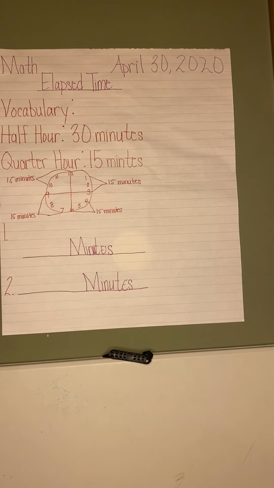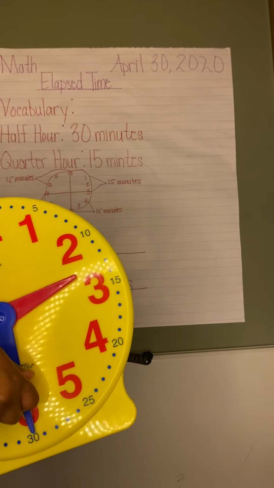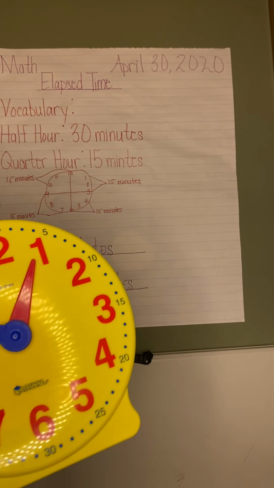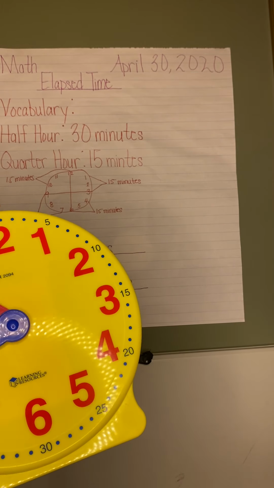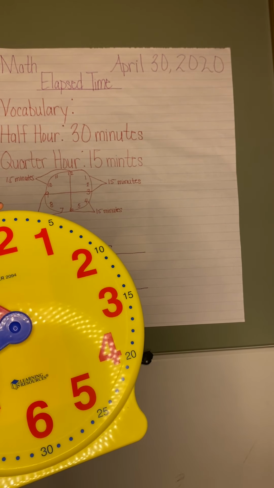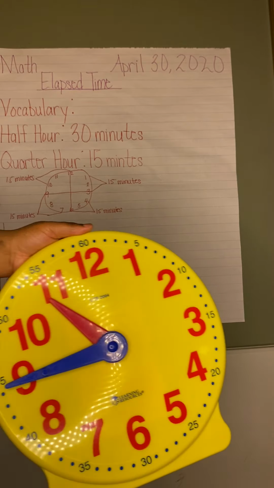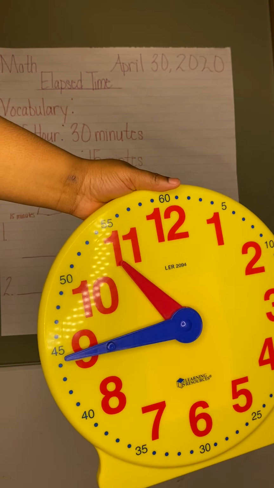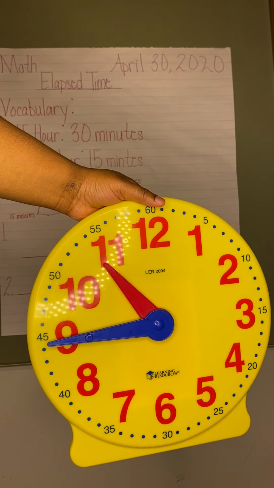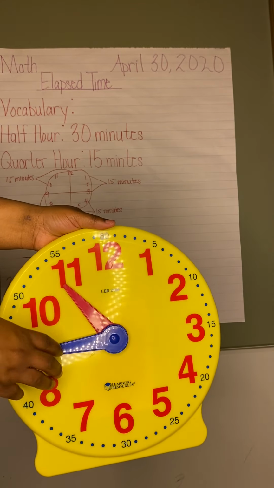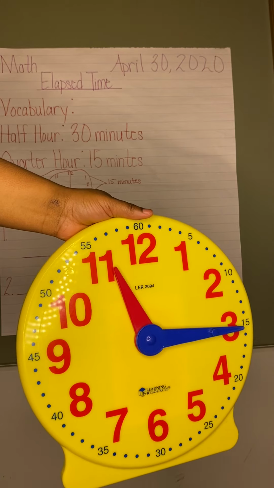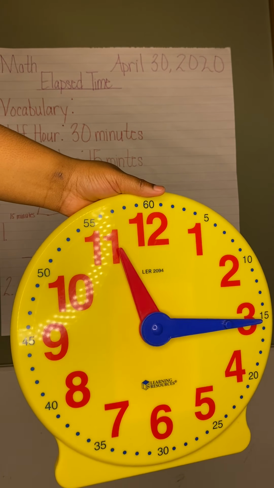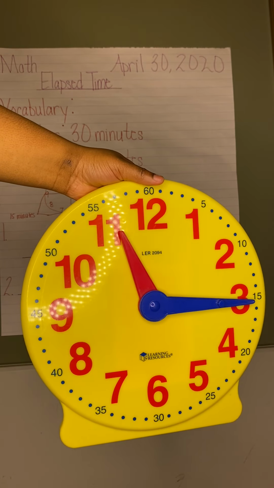So again, for number 1, we started at 10:45 and we finished at 11:15. And we realized that how many minutes had passed from 10:45 to 11:15? 30 minutes.